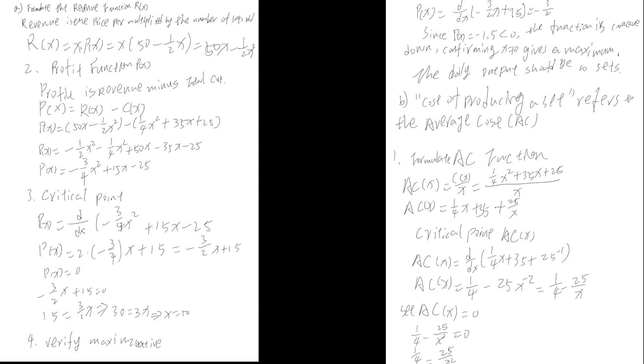So P(x) equals minus 3/4 x squared plus 50x minus 25. Step 3, differentiate to maximize P(x). Set P'(x) equal to 0. Then we get x equal to 10.